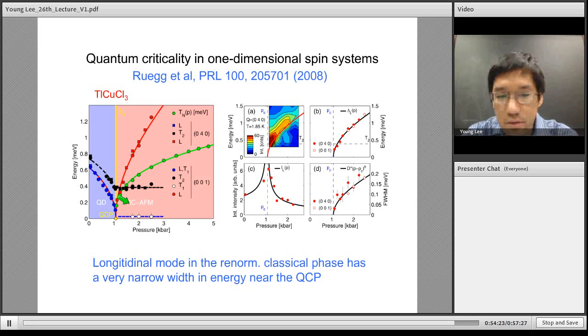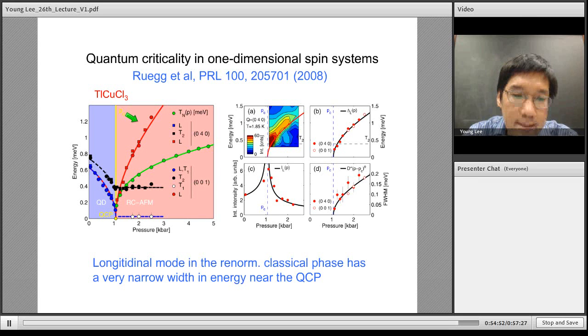And then on this ordered side, you should see some transverse spin wave modes that are essentially 0, the Goldstone bosons. Then you see transverse mode T2, which is pretty flat at some energy due to spin anisotropy. And then you see this longitudinal mode here that changes in energy with pressure. That's the kind of novel feature here.